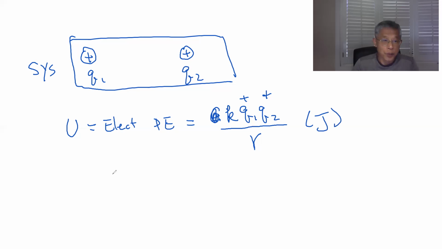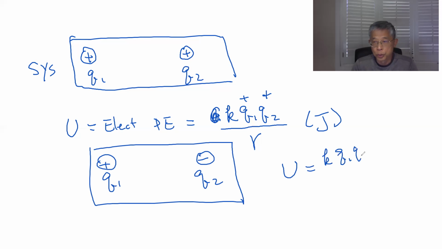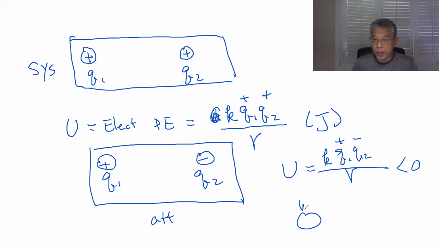Now if you have, let's say, Q1 is plus and Q2 is minus, then in this case the potential energy will be negative, right? So U in this case will be K Q1 Q2, with plus and minus, divided by R. So this will be negative, see that? You can see Q1, Q2 is an attractive force, just like in the M1, M2 case, which is also attractive.